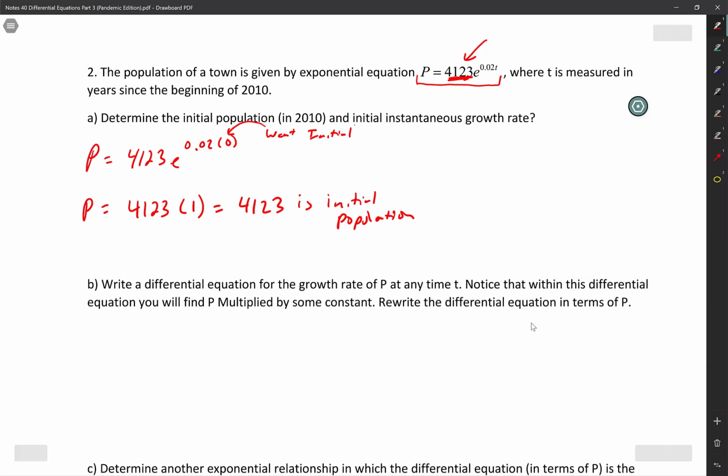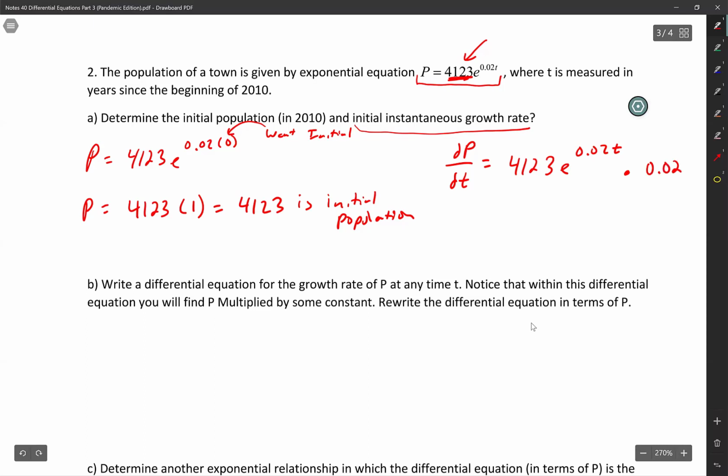Then it wants us to find the initial instantaneous growth rate. So dP/dt, I have to find the derivative, is 4123 e to the 0.02 t times 0.02. Then I'm going to plug in time t equals 0, and again I get 4123 times 1 times 0.02.